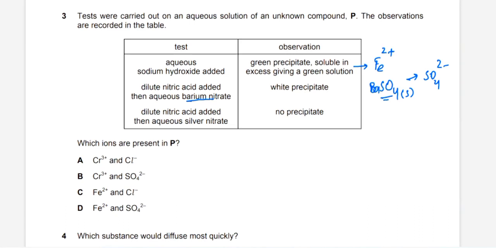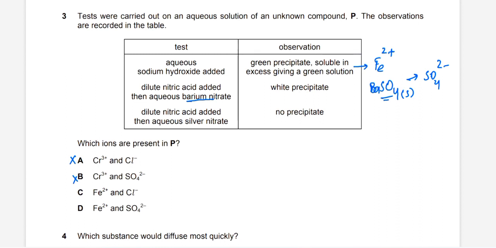Now let's see. Dilute nitric acid added, then aqueous silver nitrate, no precipitate. When we add aqueous silver nitrate, there is no reaction, so the sulfate ion is confirmed. It's not chloride. If there were chloride, then on adding silver nitrate, silver chloride would form a white precipitate, but no precipitate was found.